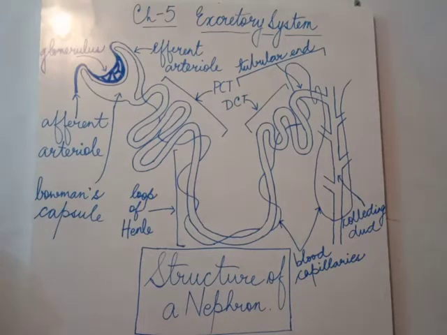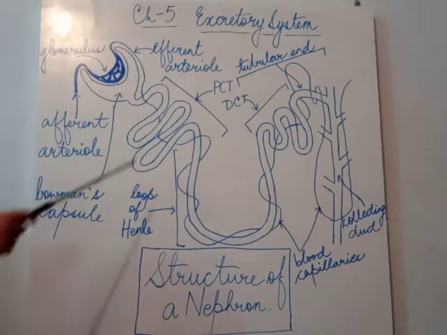As we know, the main function of the kidney is the formation of urine, which is the excretory product of our body. The major osmoregulatory functional region of the kidney is the nephron, which includes first the Bowman's capsule, the major site of blood filtration.